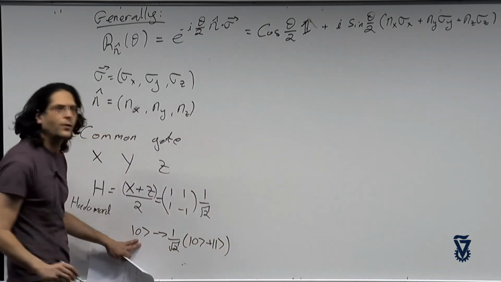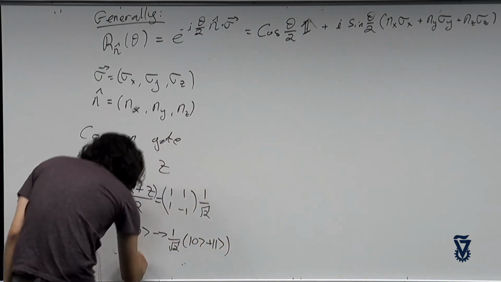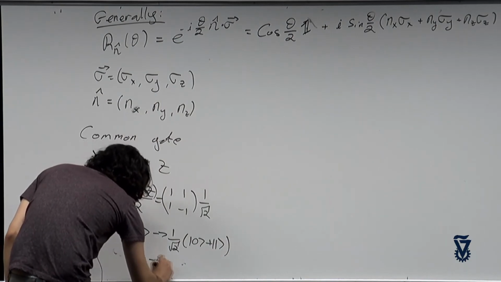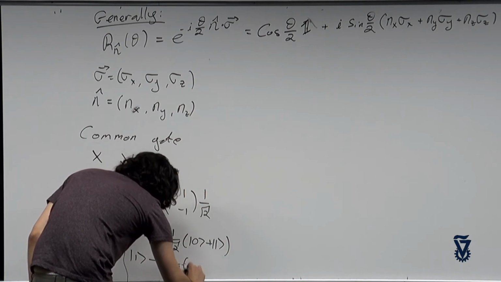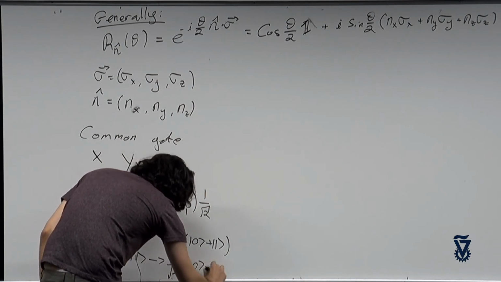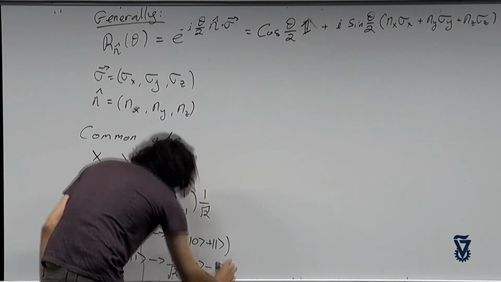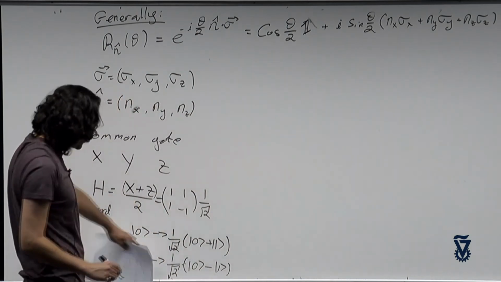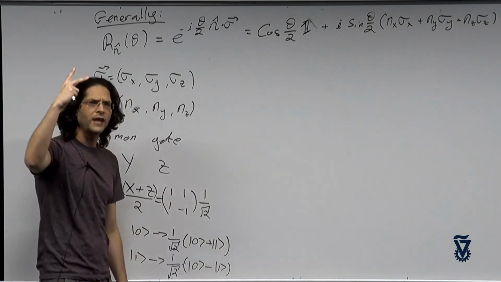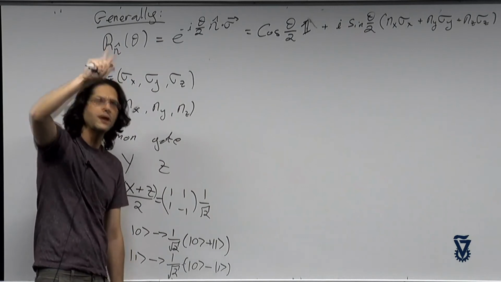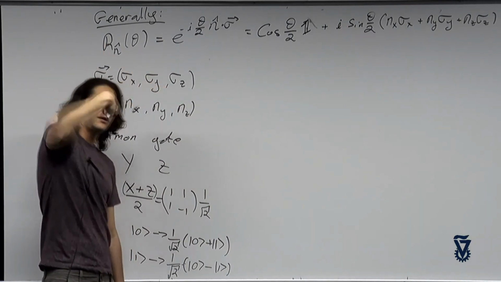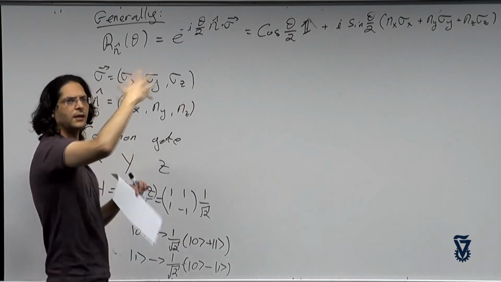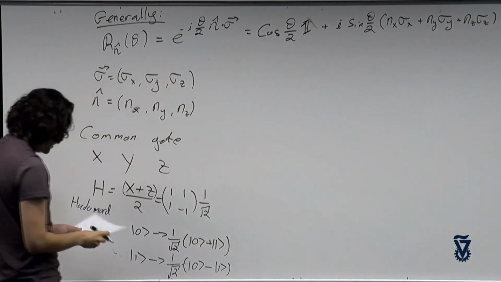So from 0 it creates a superposition, and from 1 it creates a superposition with the opposite phase. And you can see how it plays out as a rotation on the sphere. So it takes you from 0 to 0 plus 1, or from 1 to 0 minus 1. It's the same rotation, and this is the Hadamard.